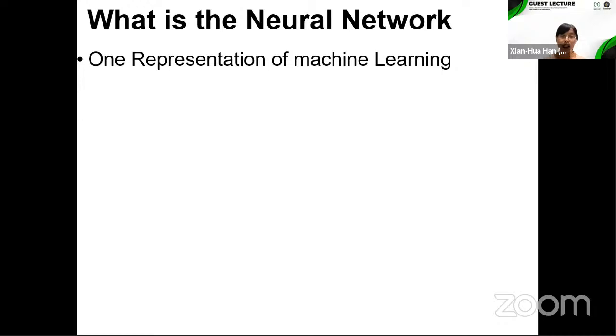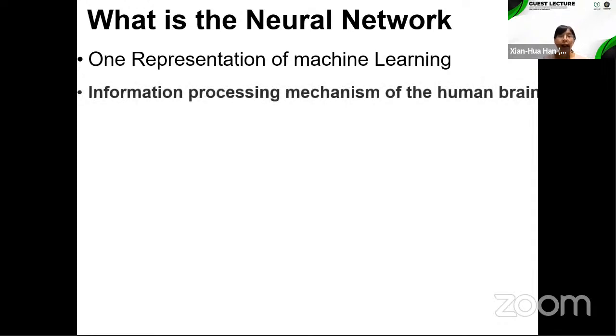For the second and the third, the evaluation criteria and the optimization are similar to other machine learning methods, but the only difference is the representation, the mathematical models. As we know, a lot of insight has already been clarified about the information processing mechanism of human beings.